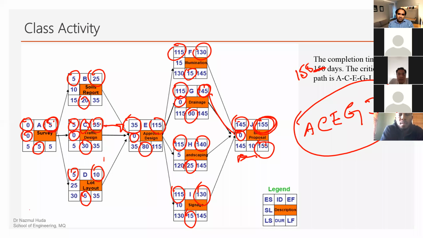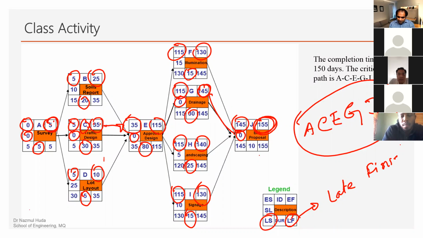LS and LF, okay. All right. So now we have LS, LF. LF for late finish and LS for late start.